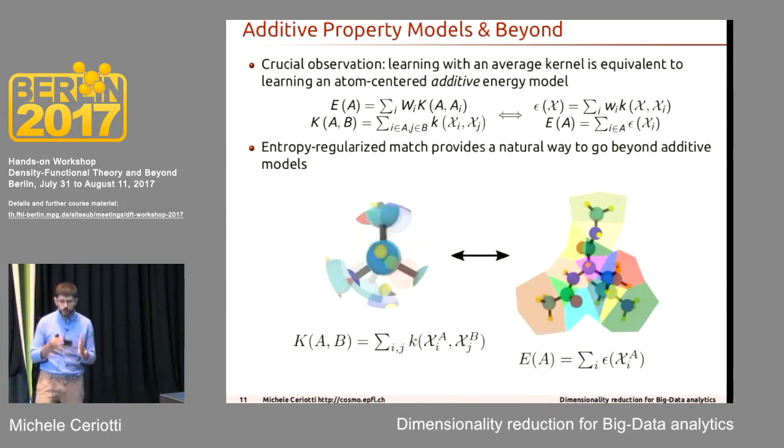So now I just want to give you a few examples of how you can use these to machine learn properties. The reason I want to show this is that for each example, from the successes and the failures of the learning operation, you can learn something about the physics that underlies your system.